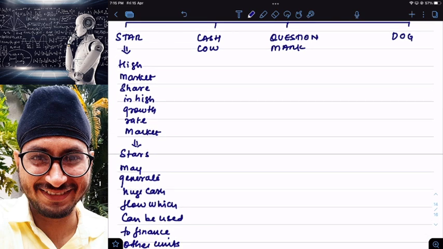Then we have cash cow. Cash cow means it is having a large market share in a low growth rate market. If my product is having a large market share in a low growth rate market, that particular product will be considered as what?